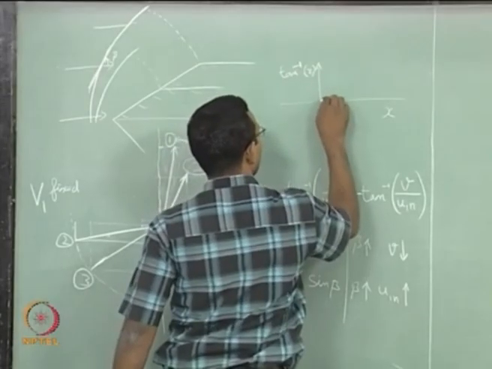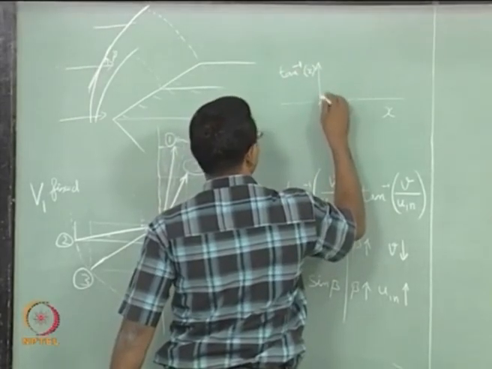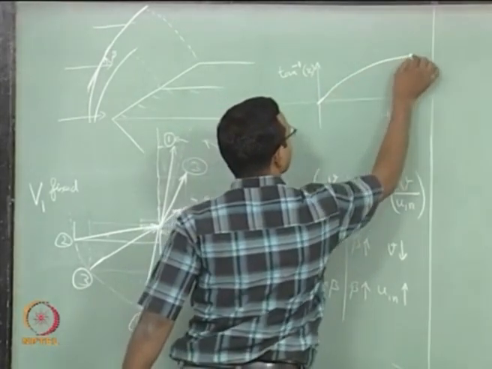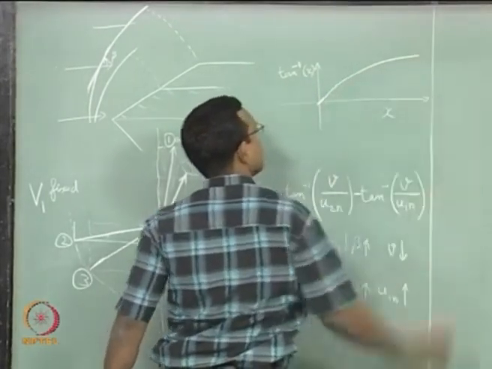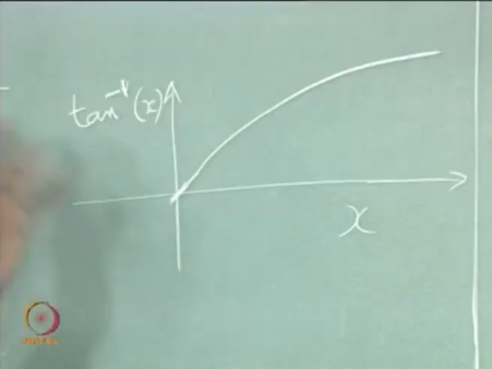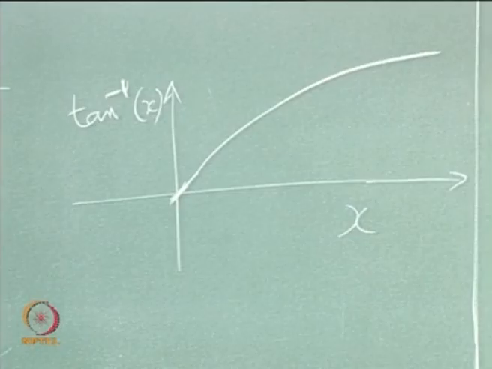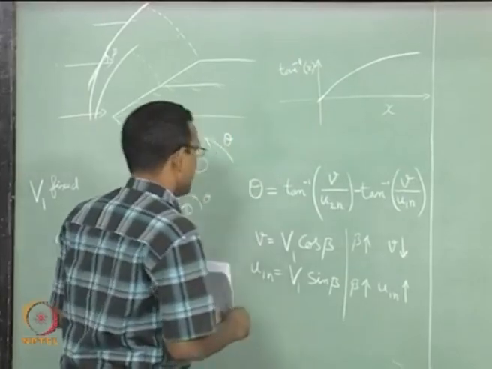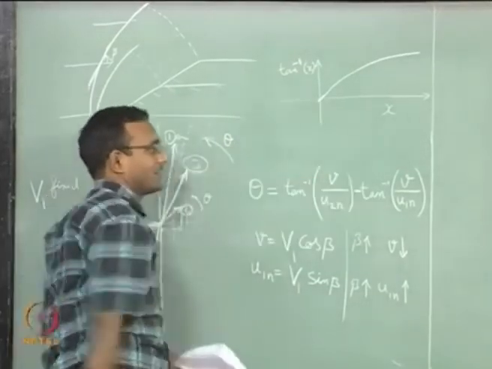This function is going to look something like this. It is close to 45, I think it is 45 at the 0 point, and it is going to go like this. This is the function for tan inverse of x, where x is your number and this is your angle. So, x can go anywhere from 0 to infinity.